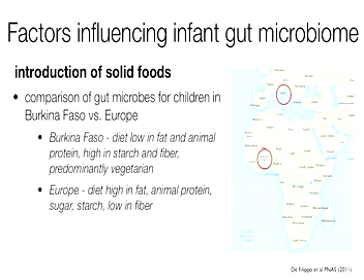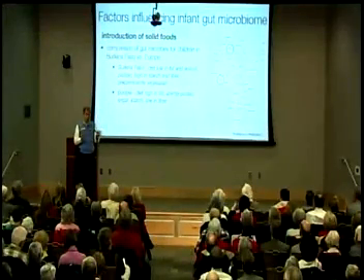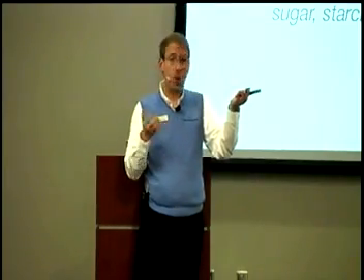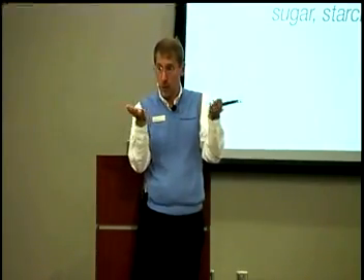So it's important to know that these children were followed, and regardless of what population they came from, they were both primarily breastfed. And the microbiome of these kids from Burkina Faso and from Italy were pretty similar when they were being breastfed. And then when they're weaned, they're put on the traditional diet of their populations, which is dramatically different.